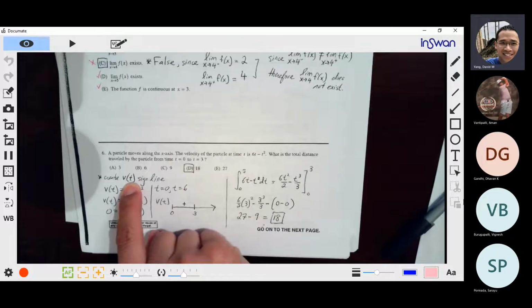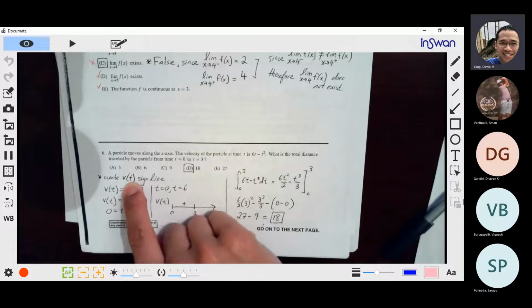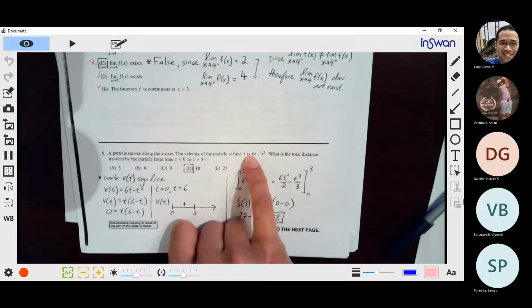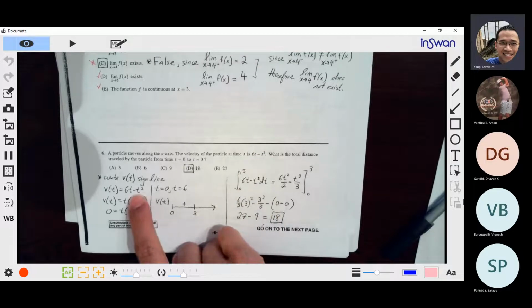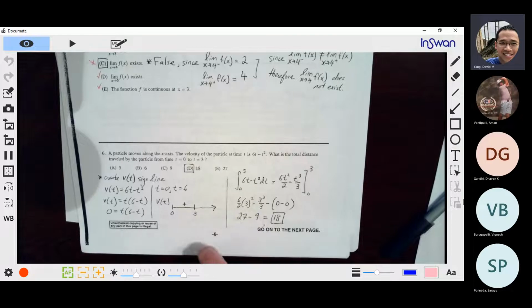So let's go through our first derivative test. Okay, so we create our velocity sign line. This is already sitting at the velocity function level. Set that equal to 0. Factor out a t. And our critical points are 0 and 3.